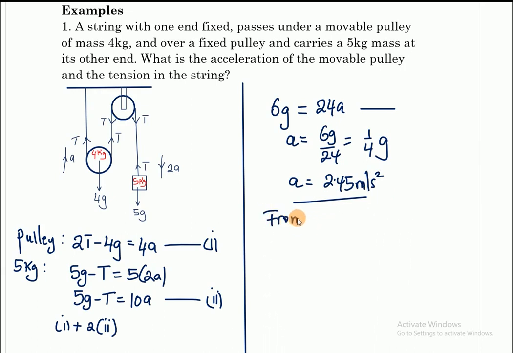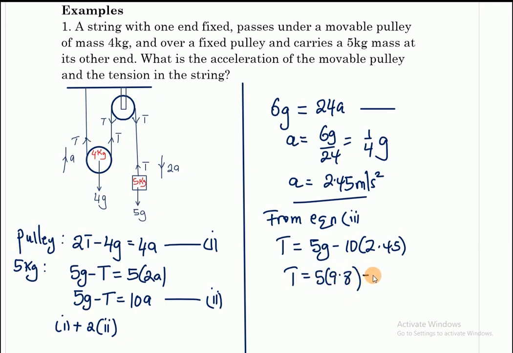And when we use equation number, let us use equation 2. If you try to make it the subject of the formula, we are taking this t to the right, then we turn the equation around. We shall have that t is equal to 5g minus 10a, but a is 2.45, and g is 9.8. Substituting that, t is equal to 5 times 9.8 minus 24.5.